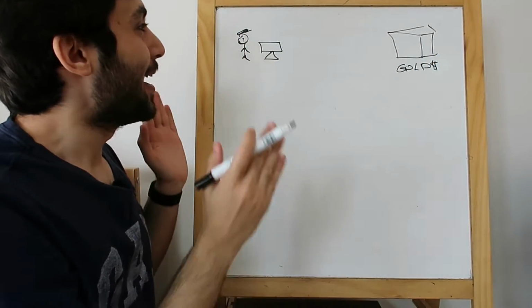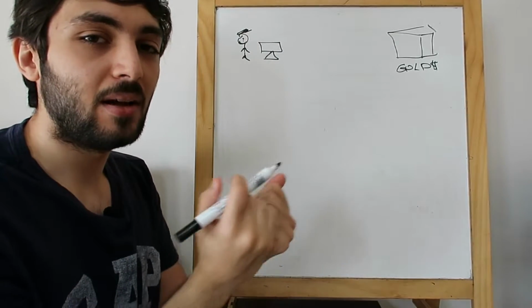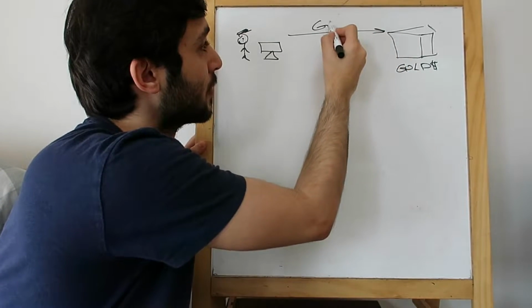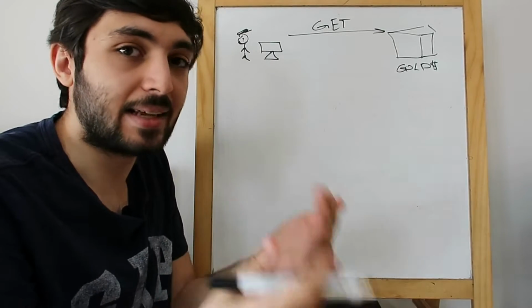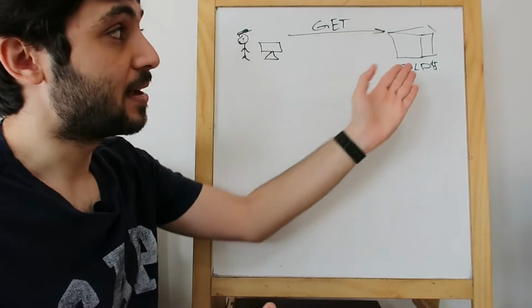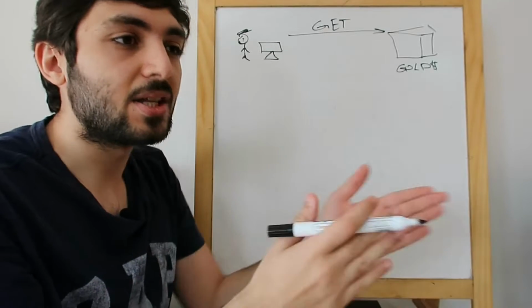In your place, you want to ask that server to give you the gold price. So you will send a GET request with an ask. You are asking that server to give you back the gold price, because this server might have the gold price and silver price and some other things.